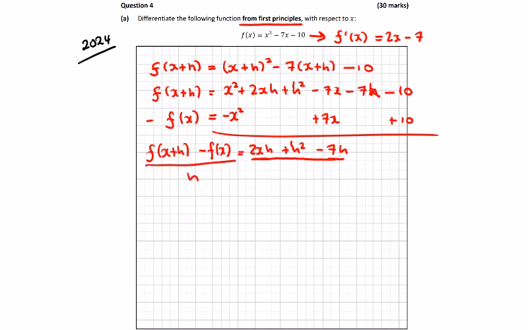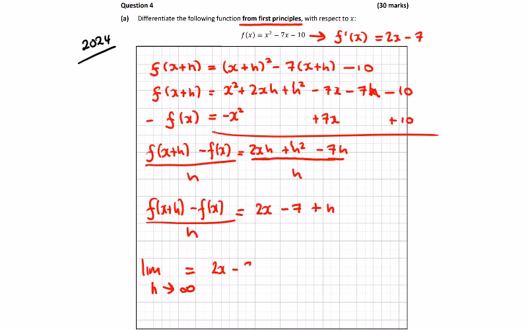If we just put them both over h, we're going to get on the left (f(x+h) minus f(x)) over h is equal to 2x, I'll bring the 7 towards 2x minus 7, and then plus h, and the limit of this function as h tends to 0 is equal to, I won't write the function out again, 2x minus 7. So obviously if you've practiced this, it's giveaway marks.